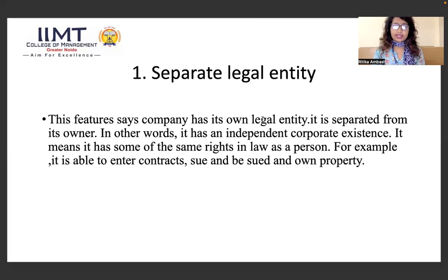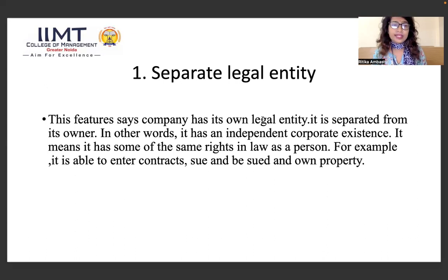The first characteristic is separate legal entity. As its name suggests, a company has a separate entity. This feature says a company has its own legal entity. It is separated from its owner. It has an independent corporate existence. It means it has some of the same rights in law as a person.